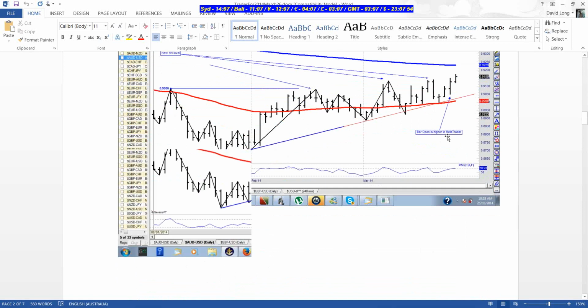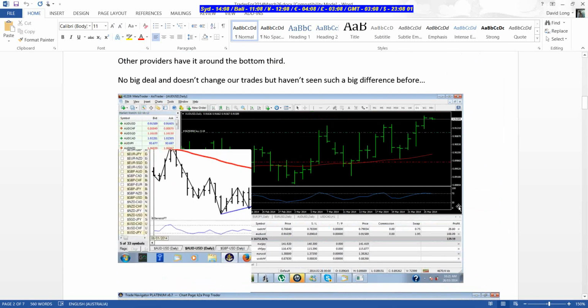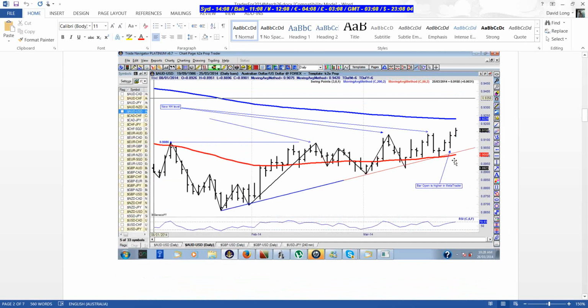Bar opens higher. Yeah, that's the gap on Monday. Yep. That's not eSignal, I don't know who that is, but they're wrong as well. Whoever this is.